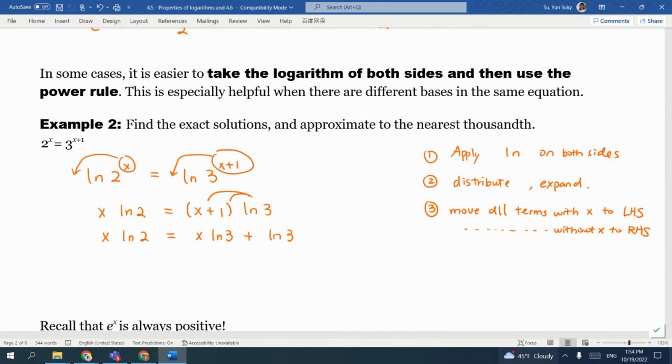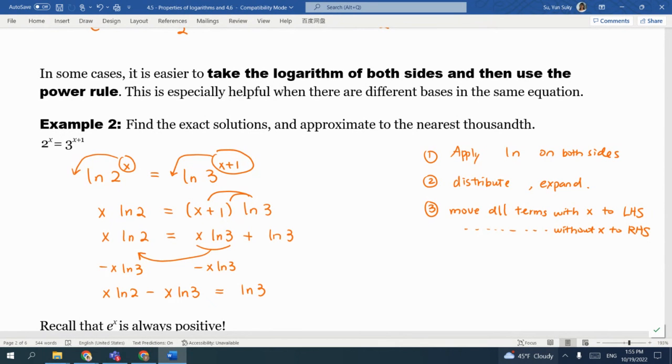No, keep it on the right-hand side. So we need to move this to the left, as if we are subtracting it on both sides. Now the left-hand side becomes x ln of 2 minus x ln of 3 equals ln of 3 on the right-hand side.